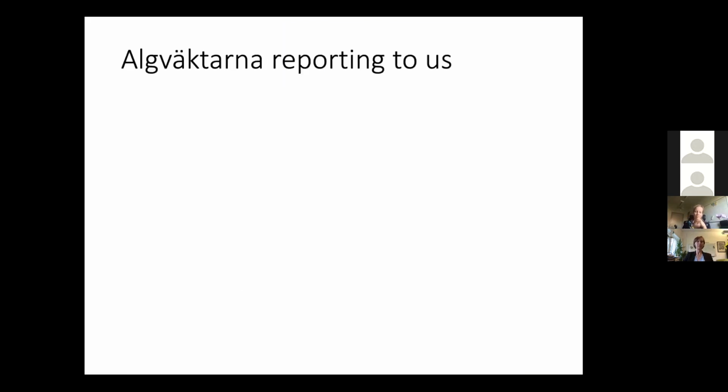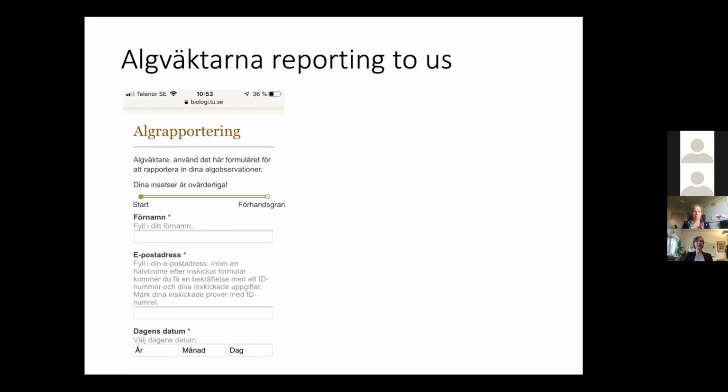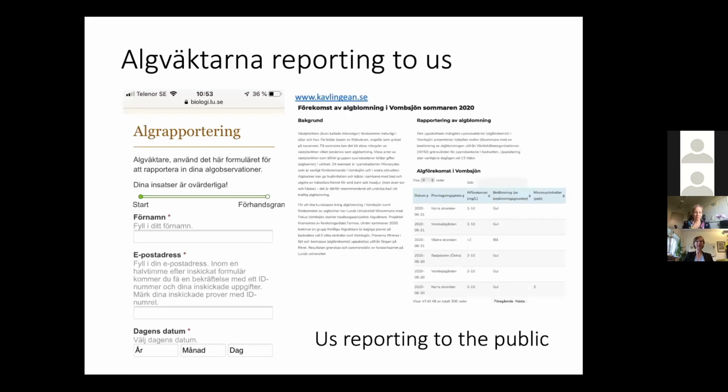And then they reported back to us on their phones on a form. And when we received their reports, we reported back to the public on a public website. And here the public could enter and check the water quality for swimming and also microcystin levels and so forth.